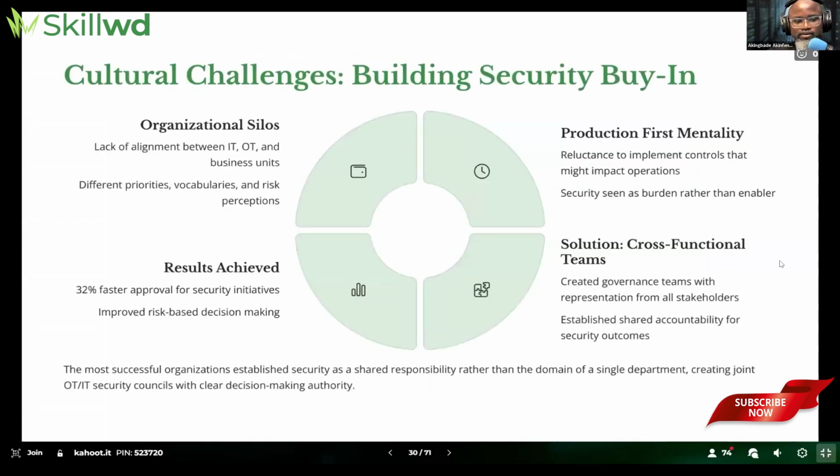Cultural challenges in general, a big one I've seen is a lack of alignment between your IT and OT and your general business unit. Historically, IT is on its own doing their thing, right?